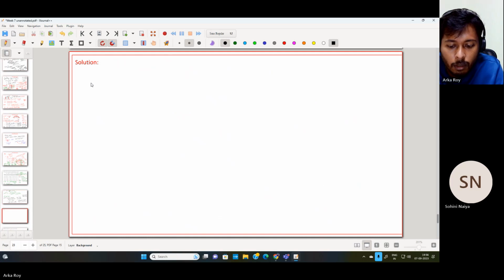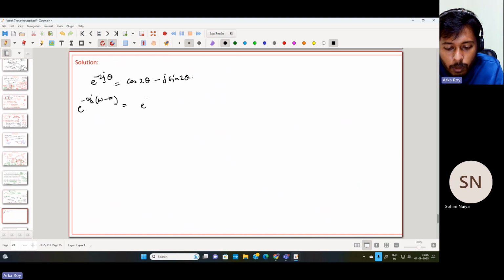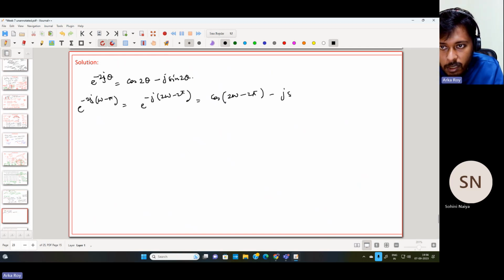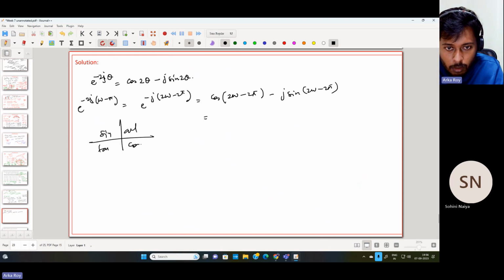Similarly, if I have to find e^-2jθ, for that it would be cos 2θ minus j sin 2θ. Now in place of θ, let me replace ω minus π. So it would be e^-j(2ω-2π). So cos of (2ω-2π) minus j sin(2ω-2π). Again, all, sine, tan, and cos.